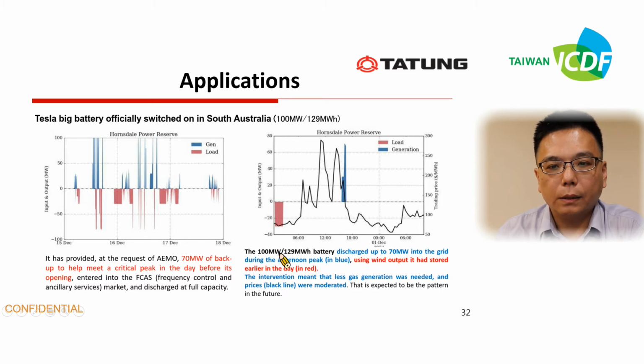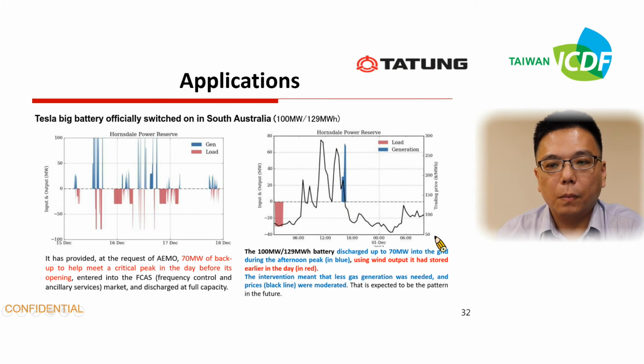So this big battery system can discharge 70 megawatt into the grid during the afternoon peak, using the wind output that was stored early in the day. The intervention meant that less gas generation was needed, and the price was moderate. So that is expected to be a pattern in the future.